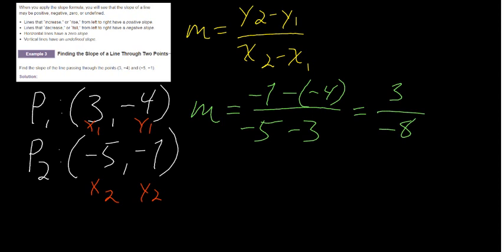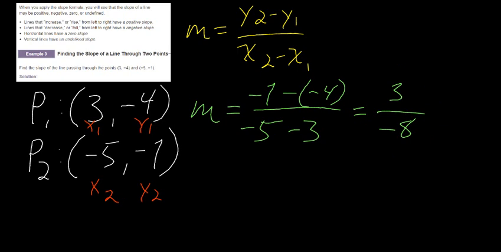There is one little pro tip I would like to give you. Whenever you have something like 3 over -8, there's nothing technically wrong with 3 over -8, it just looks kind of weird. So what I would suggest is put the negative sign in front of everything.